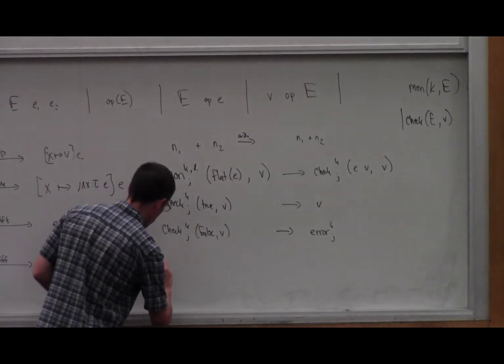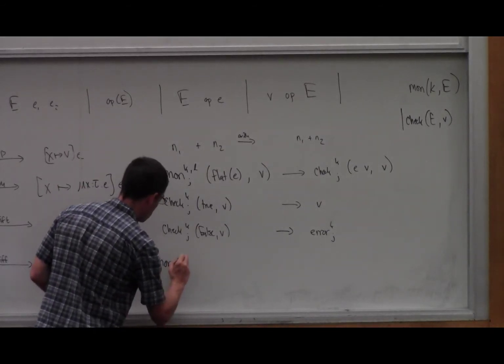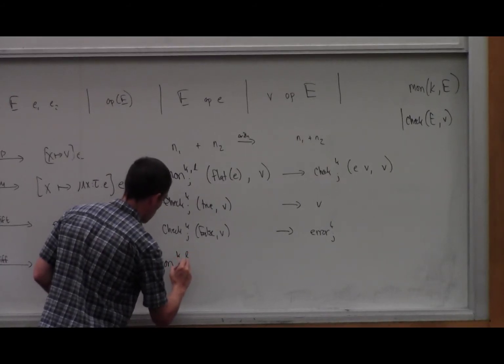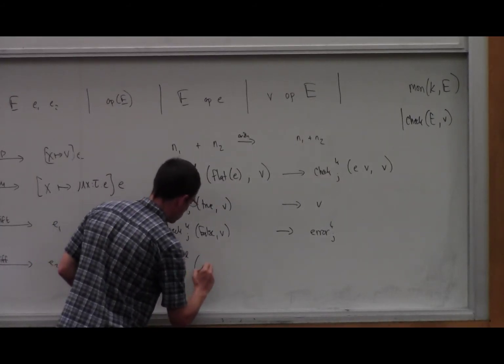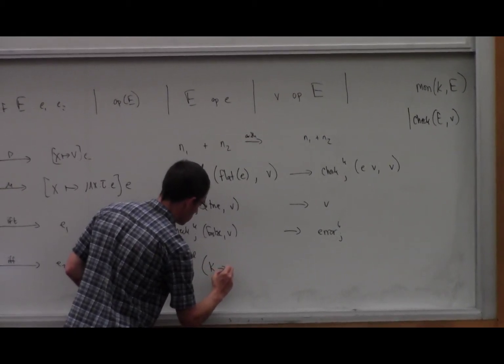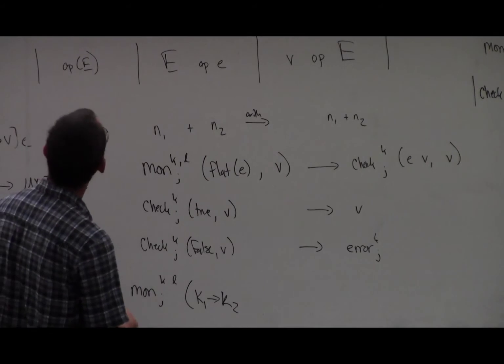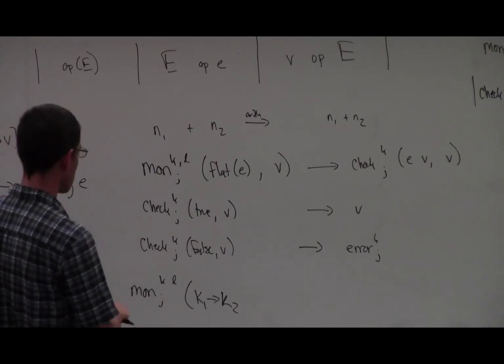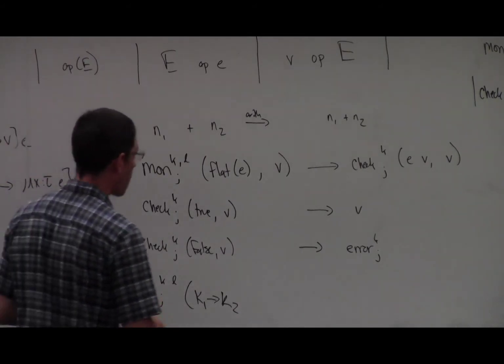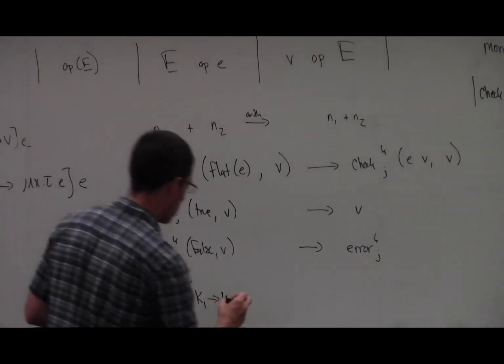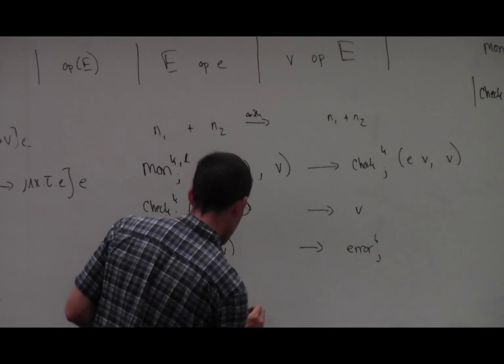So the first rule is for plain function contracts. I want to be able to put this up higher. I'll write it here and then I'll write it again, perhaps.